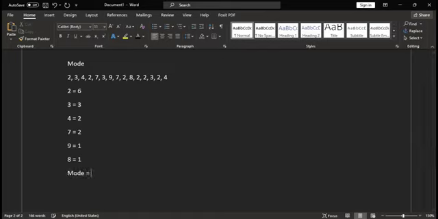Mode equals 2. Okay, let's look at a situation where you have more than one mode. You can still pick these figures. Let's just copy and paste them rather than wasting time.